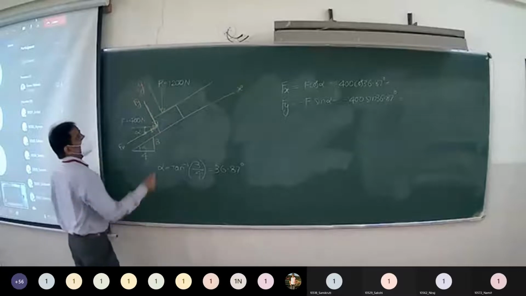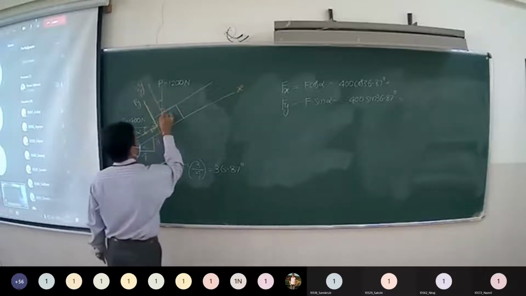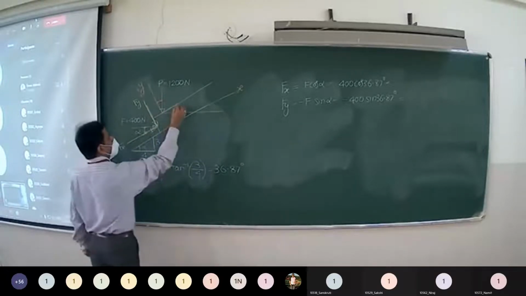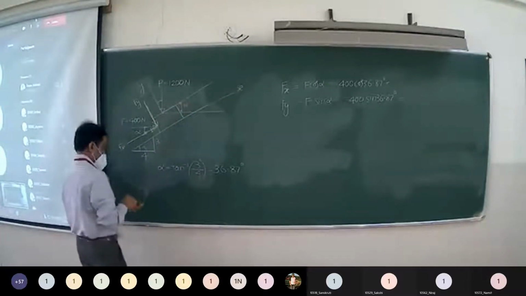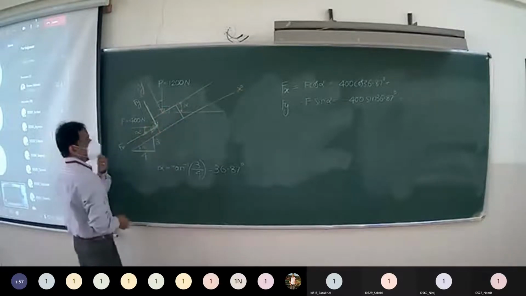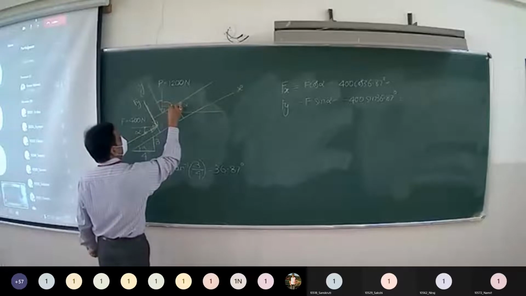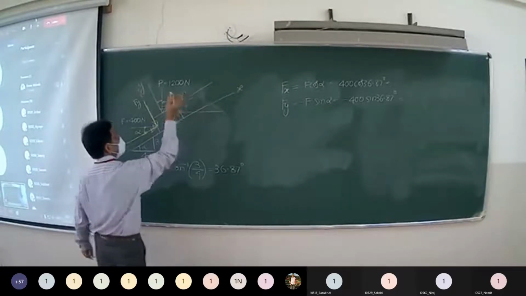Now tell me what is the angle made by P with respect to the y-axis? See here, we know this angle as alpha. P is acting vertically, so it is 90 degrees, and the angle made by P with respect to the x-axis will be 90 minus alpha.